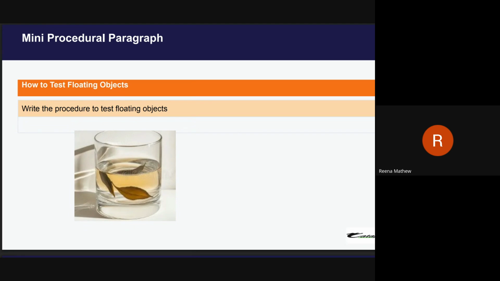How will you test if an object is floating? I gave you an example in the beginning of the class, right? If I'm teaching you how to make tea, I will say first you do this, then you do this, later you do this, finally you do this. Right?